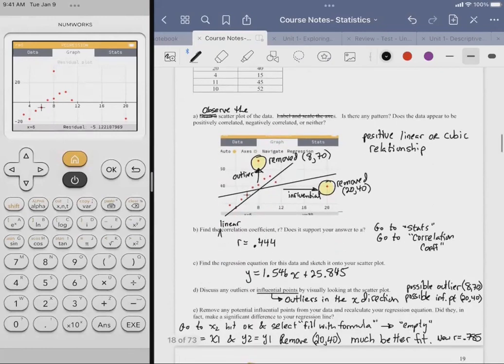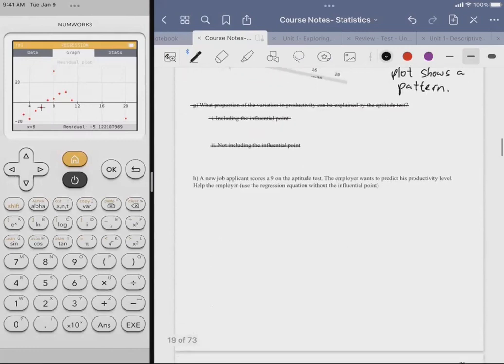But what they're saying is, using this information, knowing that the aptitude score is 9, so if X is equal to 9, what is Y? It says use the regression equation without the influential point.